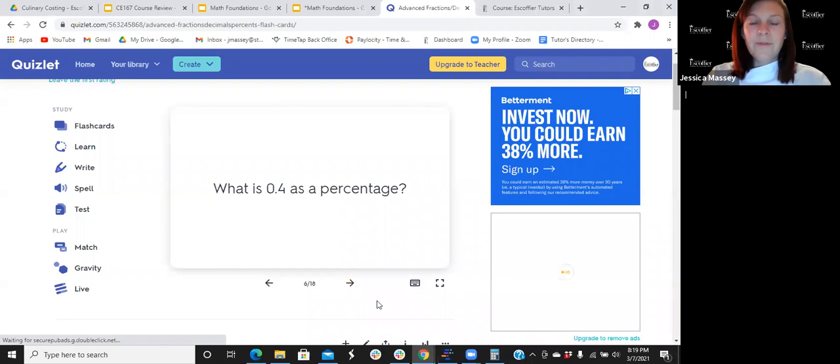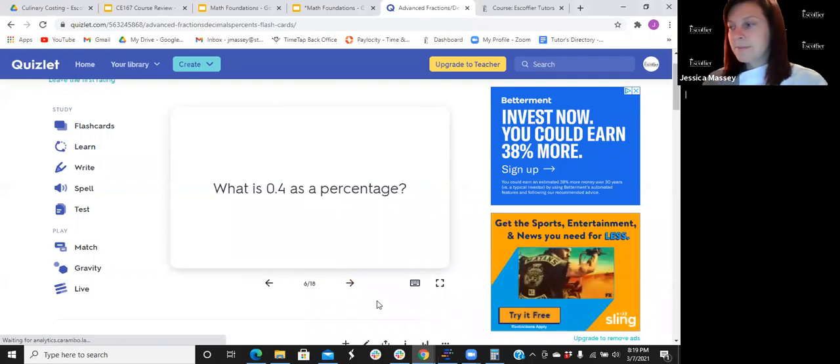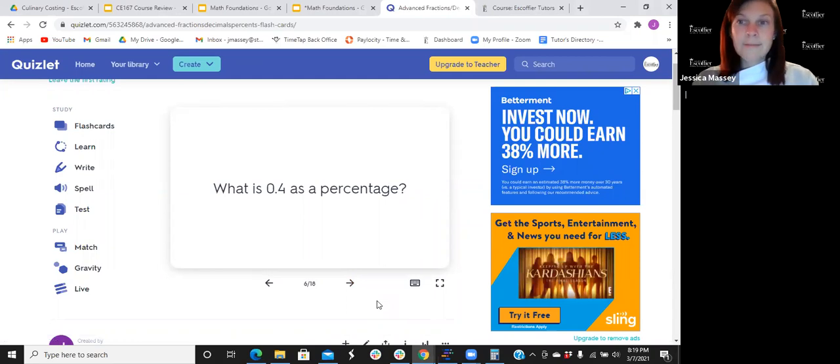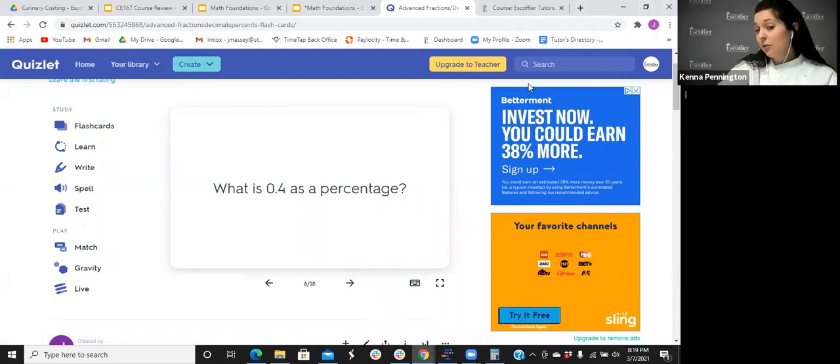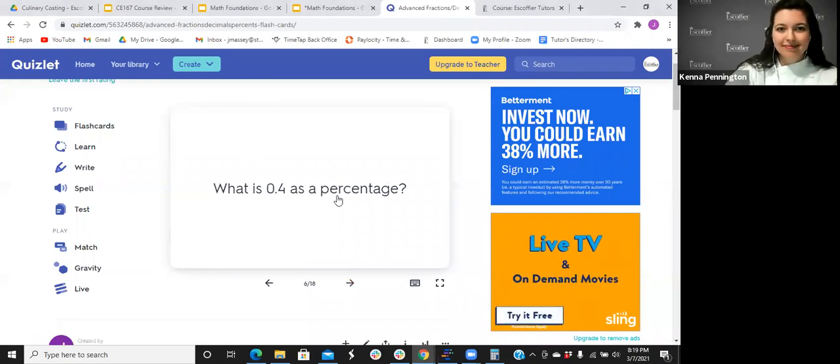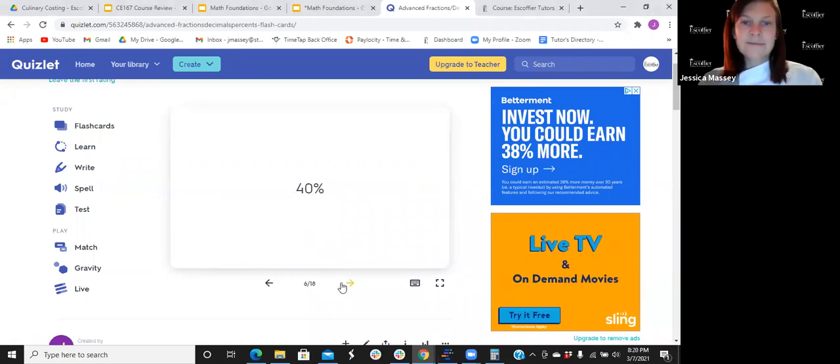How about what is 0.4 as a percentage? Click on the draw, we've got 40%. Nice, perfect. What is 0.22 as a percentage?